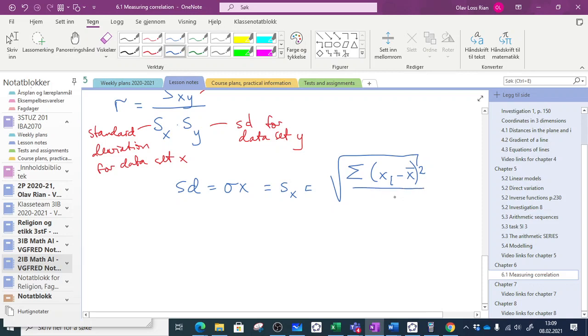And we also divide by the number of x's. And this is going all the way up to n values of x. And we do the same thing for y. So this is going to be the sum of all the y's minus y bar. We square that and divide by the number of y's.